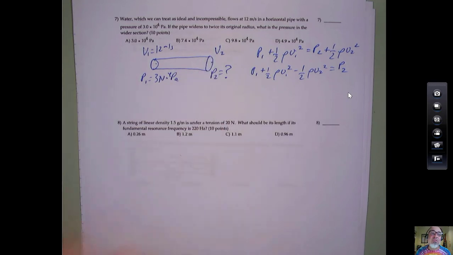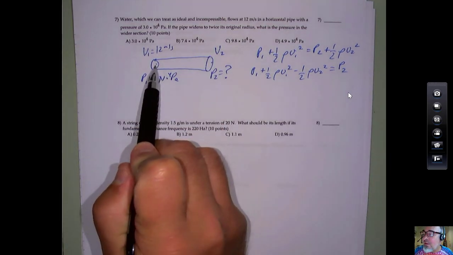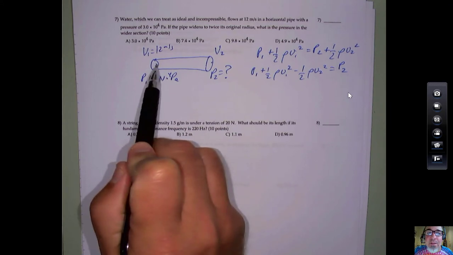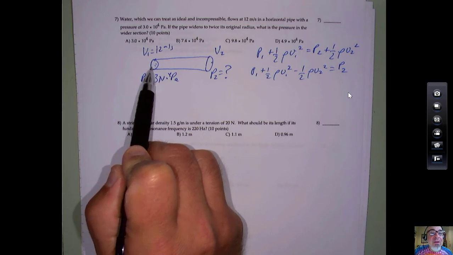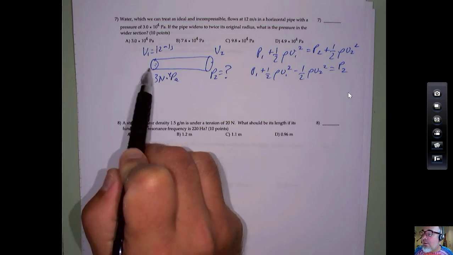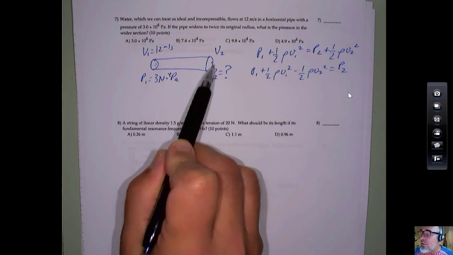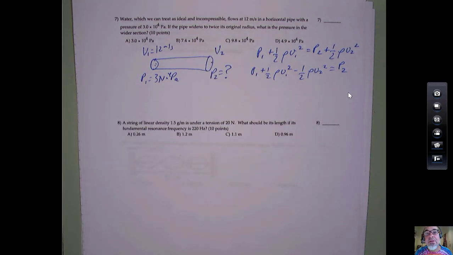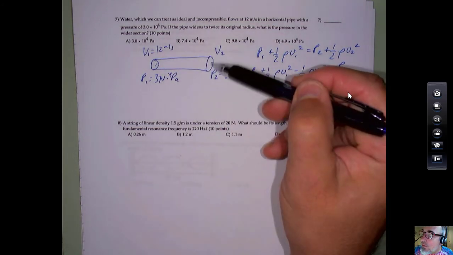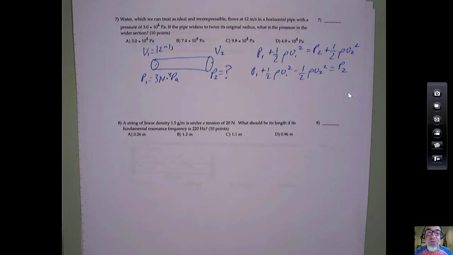So imagine you're trying to water your garden and you've got your finger over part of the opening here, and what if you take your finger off and you make the area wider? The water comes out slower. So it's going to be coming out slower here, right? It's the same amount of water, but it's a bigger diameter here, so the water is going to actually slow down. So it's a volume flow rate problem to get V2.